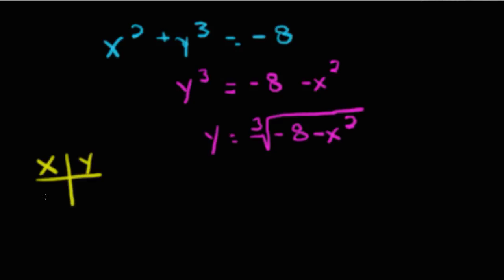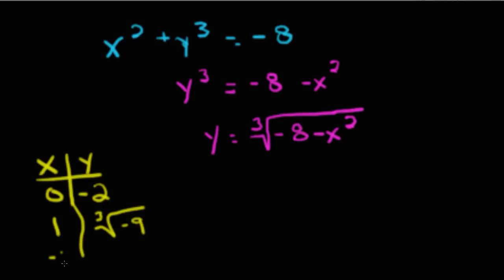And when x is 0, you're going to have y equals the cube root of negative 8, and that's going to be a negative 2. So when x is 1, you're going to have negative 8 minus 1. So y is going to be the cube root of negative 9.